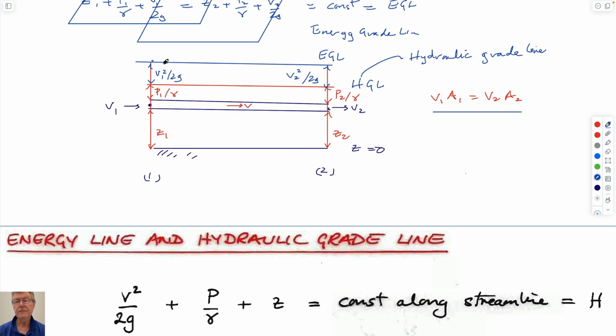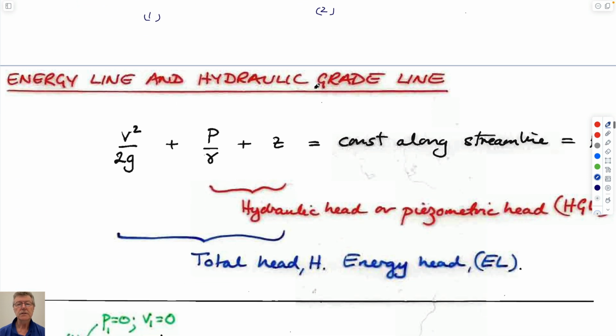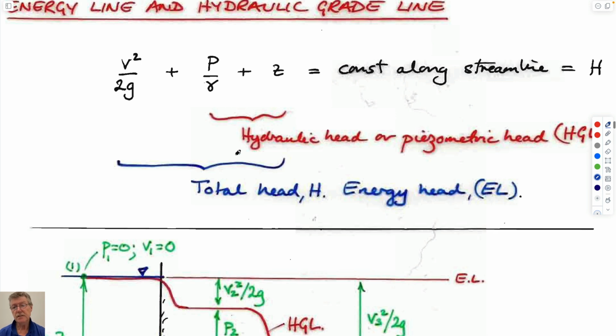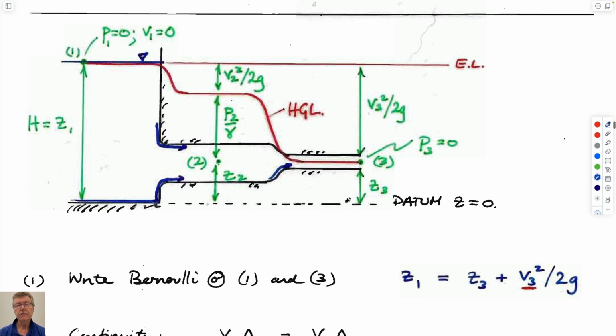For Bernoulli, inviscid, the energy grade line is always horizontal. There's no loss in the system. And so that's what this is saying here. Hydraulic grade line, energy grade line. And so if we look at a system that's a bit different, then kind of a free jet, a big tank, flow coming out of it in a pipe that constricts twice, then we can do something with the energy grade line. We know this is always constant.